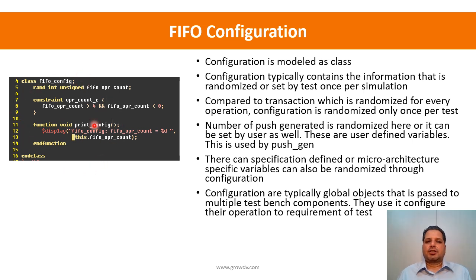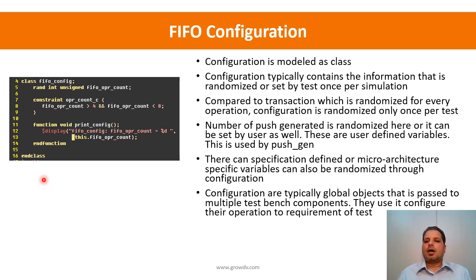And this configuration object can contain any microarchitecture specific variables that need to be randomized, or any specification defined variables that need to be randomized. All the variables that need to be randomized once per simulation can be put into your configuration object, right?